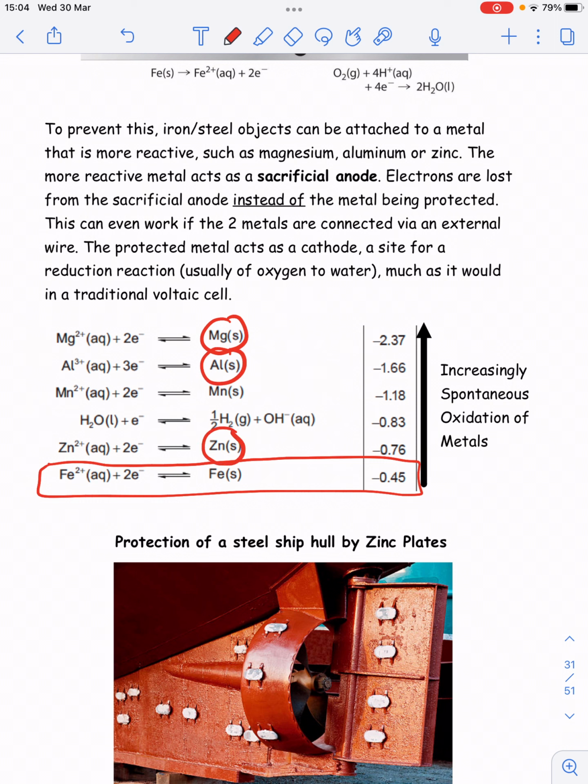If they are connected, then it is more spontaneous for magnesium to oxidize, aluminum to oxidize, or zinc to oxidize than it is for iron to oxidize. So these are these oxidation reactions. And we know they're more spontaneous because when we flip them, they get positive electrode potentials, and positive electrode potentials are spontaneous, negative delta G. So all of these are increasingly spontaneous oxidation reactions.